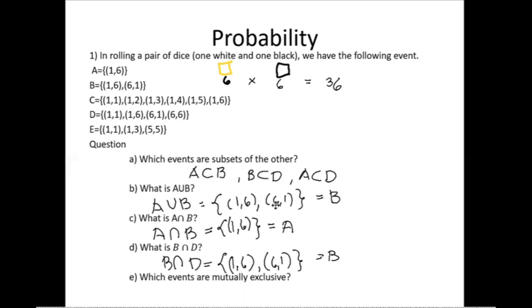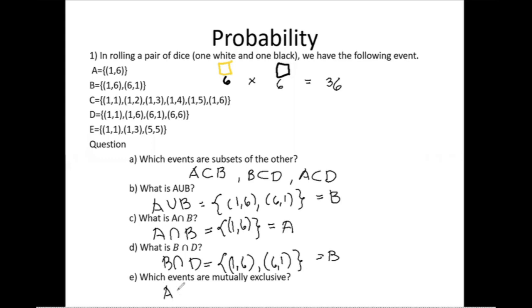which events are mutually exclusive? Which event are mutually exclusive? Tingnan natin A and B, di pwede, meron sila. B and C, merong 1, 6 eh. 1, letter E, pwede, tsaka letter A. Ayan.